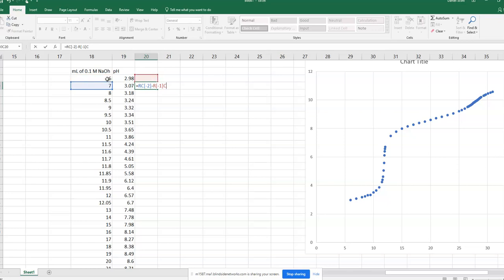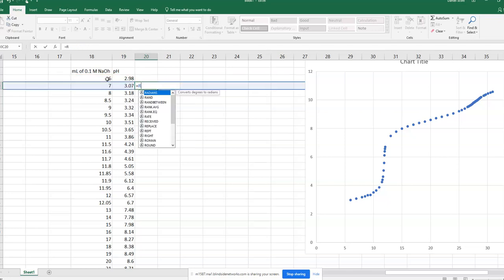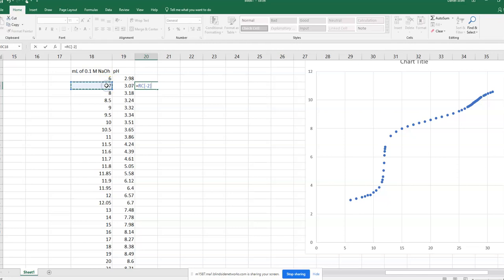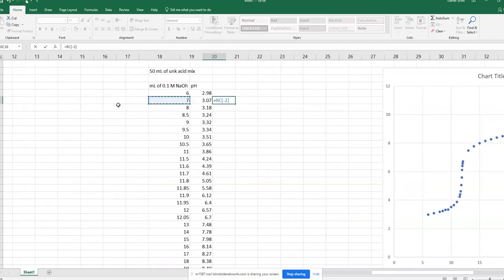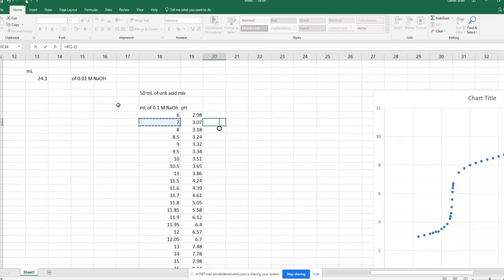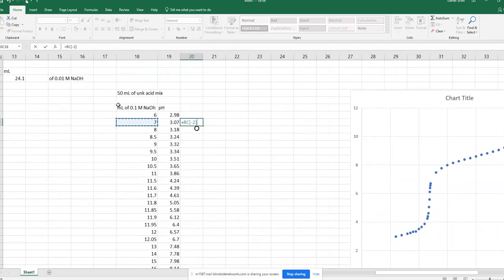What is that typing right there? I don't know what that is. I'm going to put this in parentheses first.